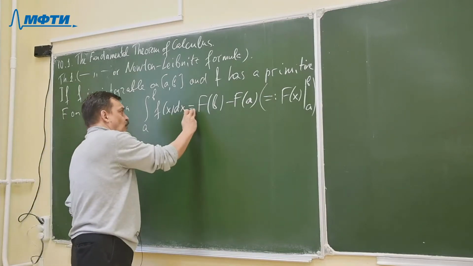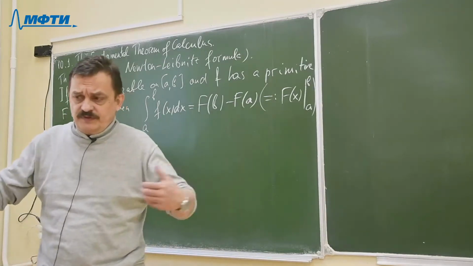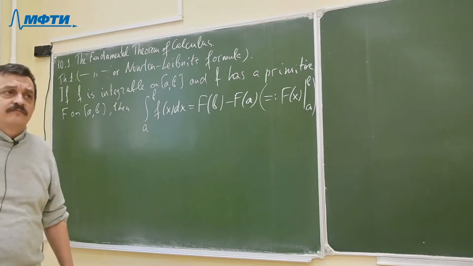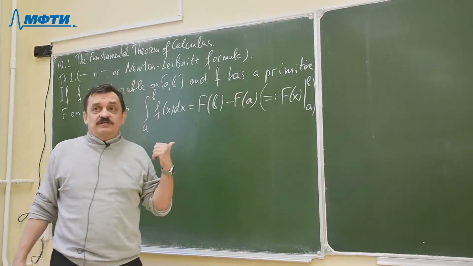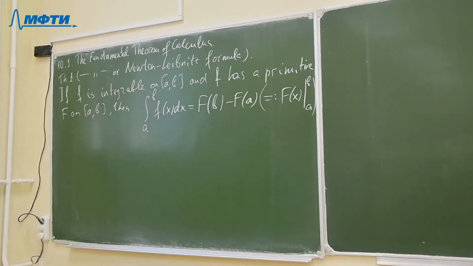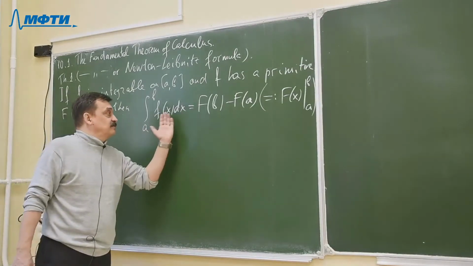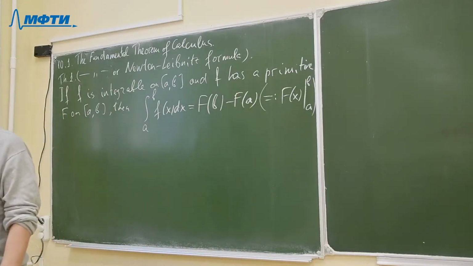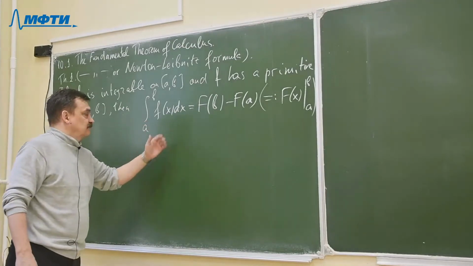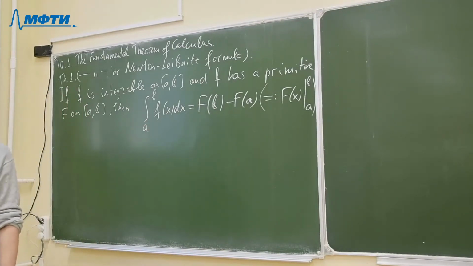There is a very important tool which connects indefinite integral, because to find the primitive you need to find indefinite integral. And you see that indefinite integrals are related to definite integrals, to Riemann integrals as we defined them.